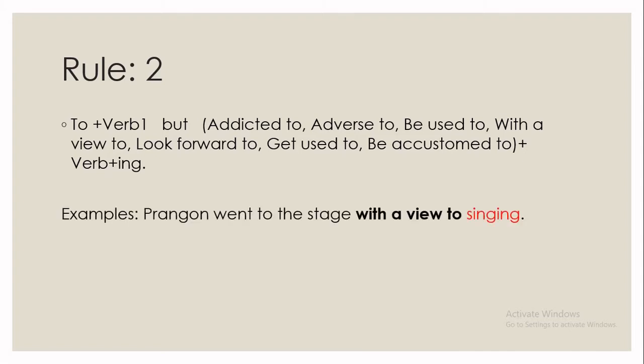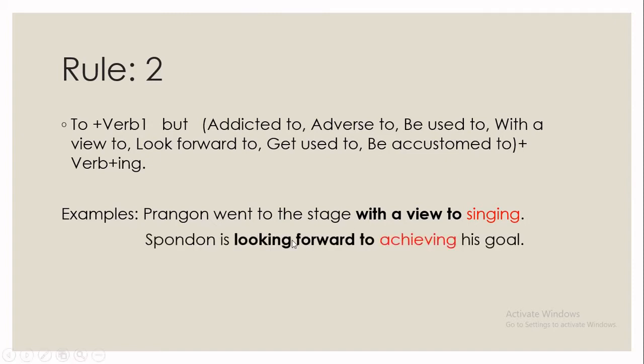Have a look at an example. Prangon went to the stage with a view to singing. So after with a view to, we have to use the ing form of the verb, that's singing. S-I-N-G, sing, plus ing, singing. Another example is: Spondon is looking forward to.